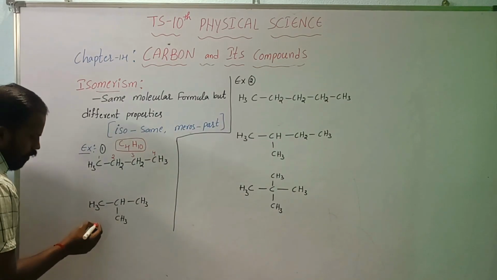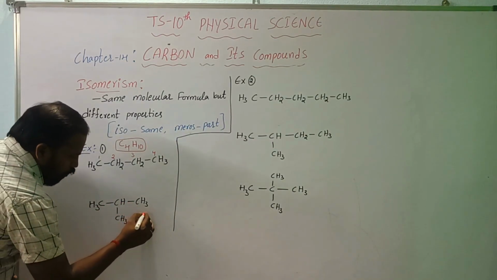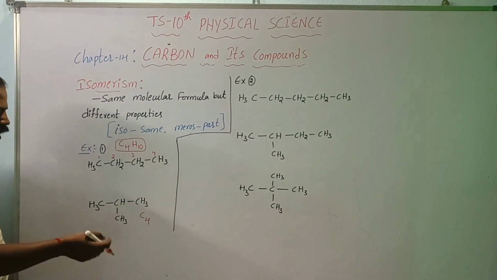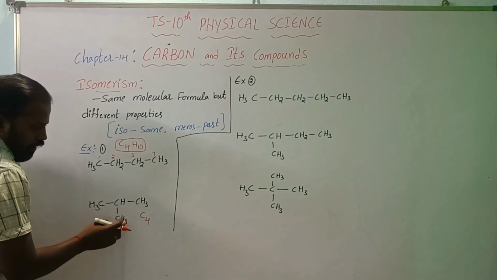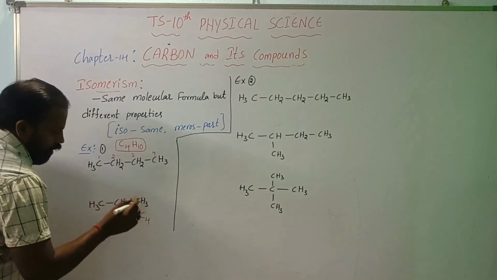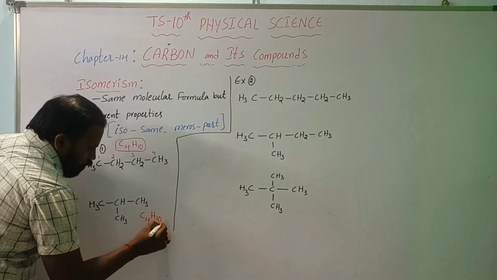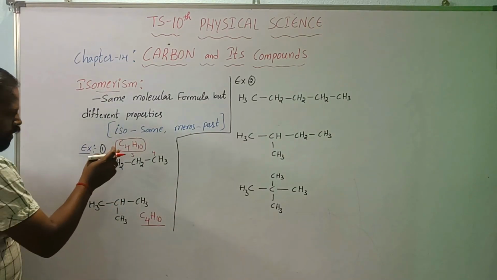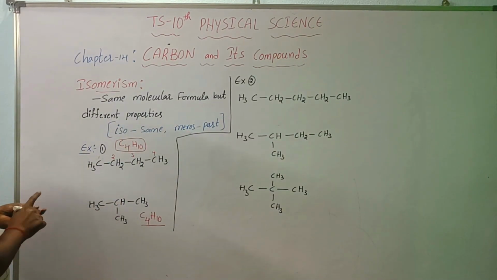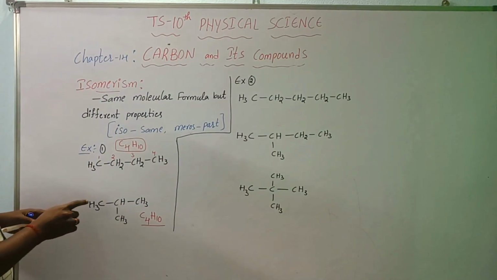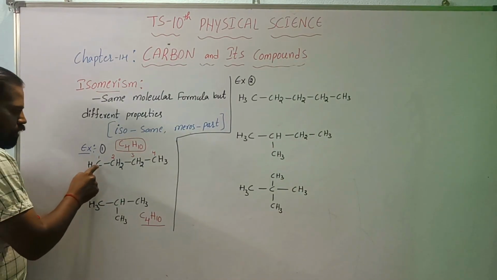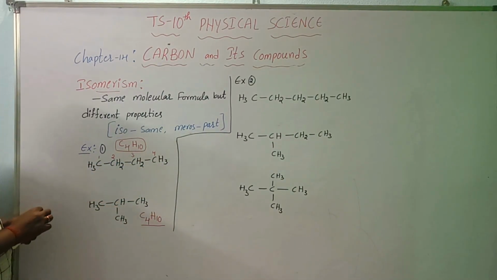Check the other structure also: 1, 2, 3, 4, so 4 carbons, C4. Hydrogens: 3 plus 3 is 6, plus 3 is 9, plus 1 is 10. So it also has C4H10. The molecular formula is the same, but it differs in the chain: this is the straight chain and this is a branched chain.